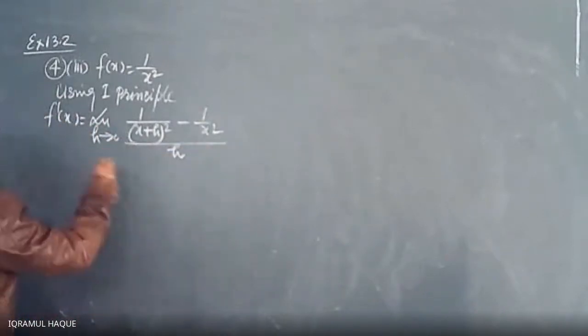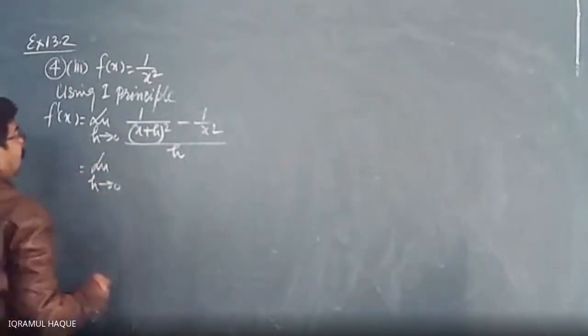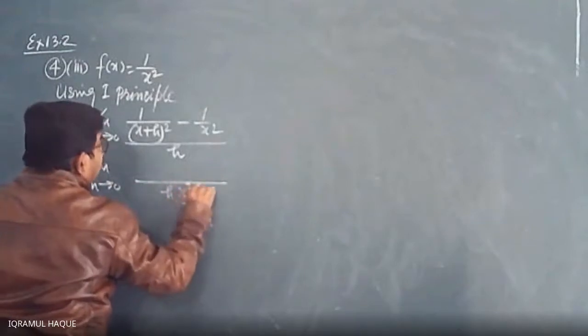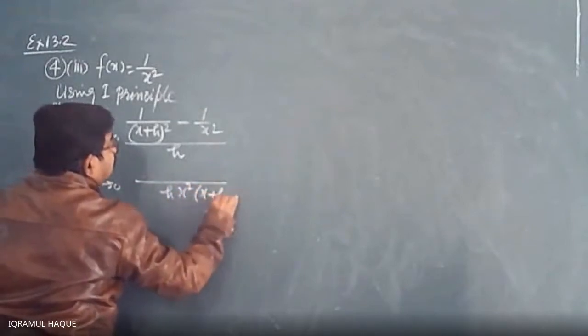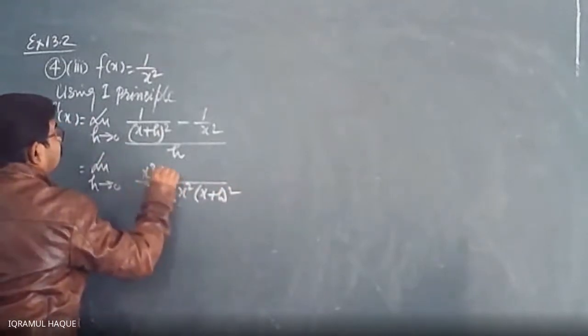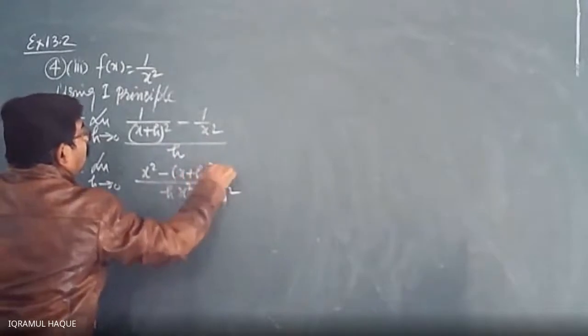Its LCM. Limit h tends to 0. Its LCM is h into x square (x plus h) whole square. This will go. We have x square minus (x plus h) whole square.